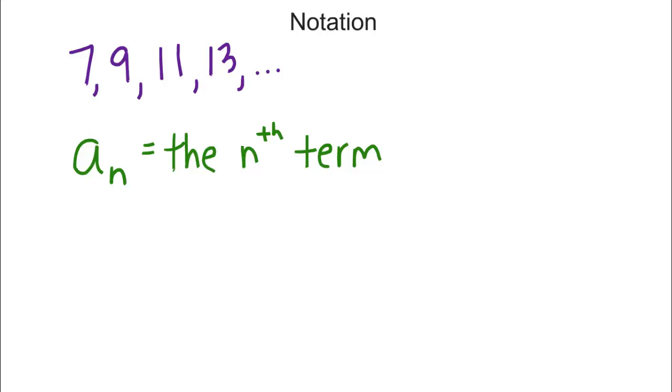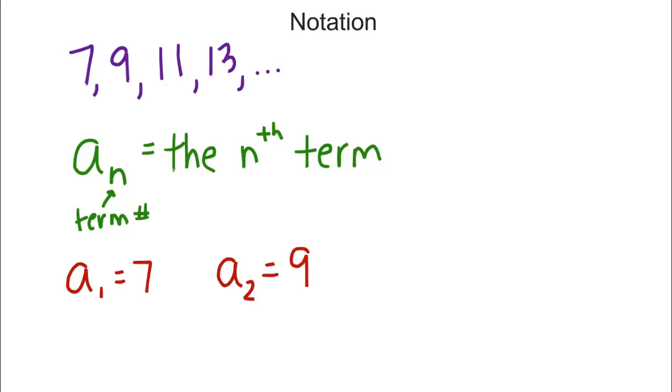The subscript n is telling us the term number. So let's look at an example. In our specific sequence, 7, 9, 11, 13, a sub 1 is equal to 7 because our first term is 7. A sub 2 is equal to 9 because our second term is 9.